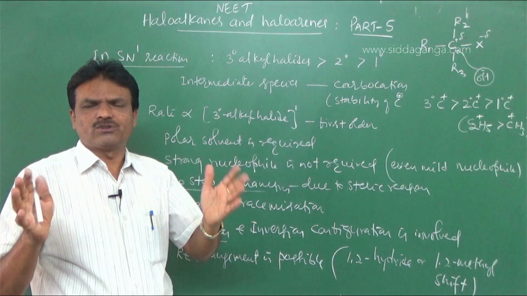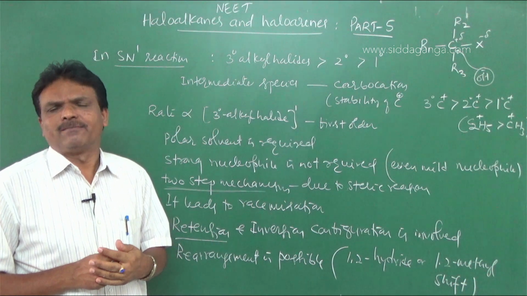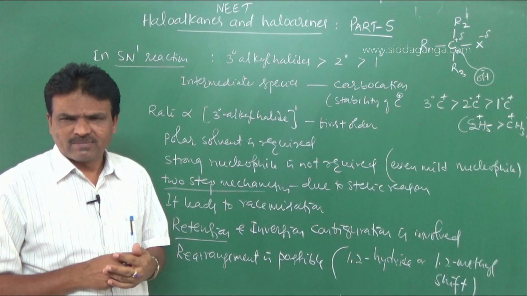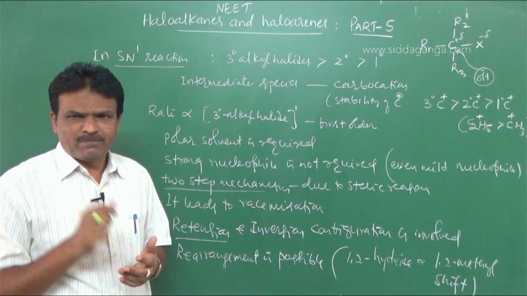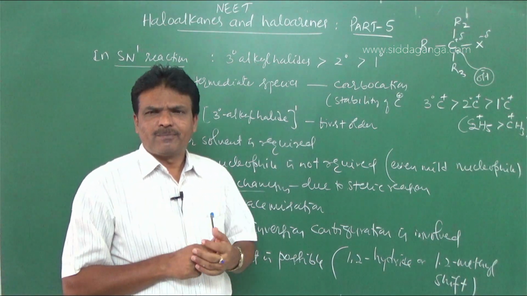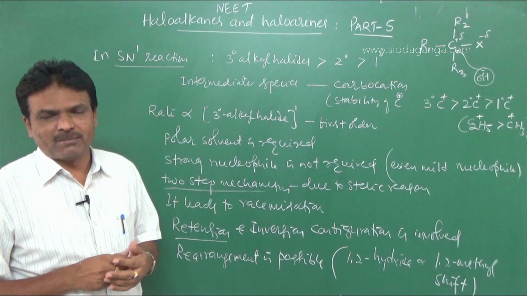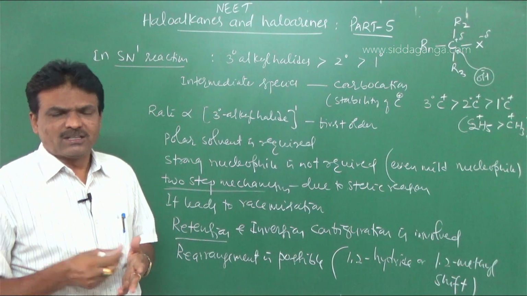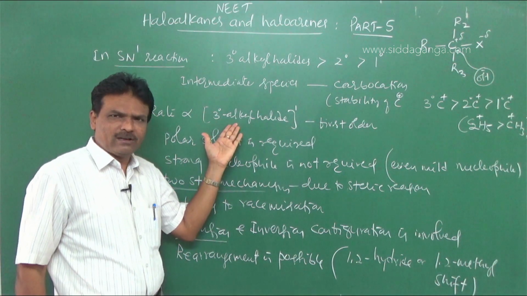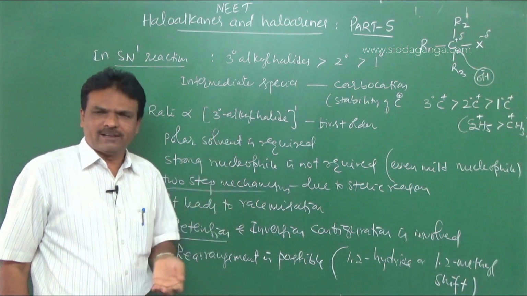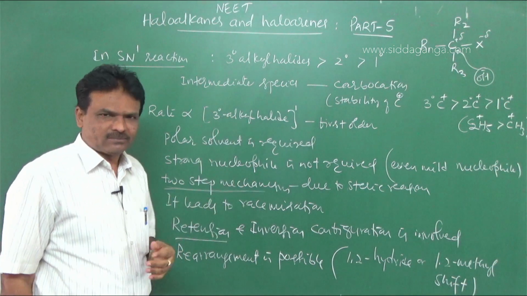And also the dissociation of the alkyl halide is a slow step. The rate depends on the slowest step, that is called the rate determining step. So that step involves only one reactant molecule, that is unimolecular or first order.